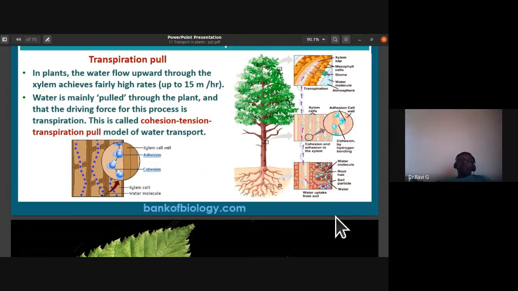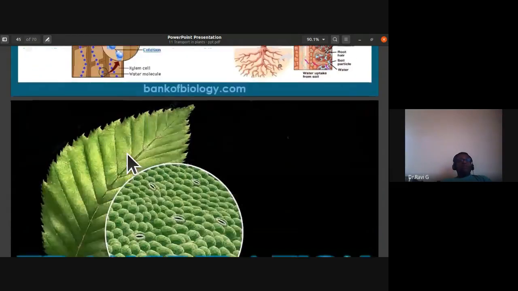And this is also called as cohesion tension transpirational pull model of water transport, because cohesion tension is like the water molecules are held in a continuous chain, and that is because of the cohesion and adhesion force that they have. This cohesion is force of attraction between similar molecules, adhesion is force of attraction between dissimilar molecules.